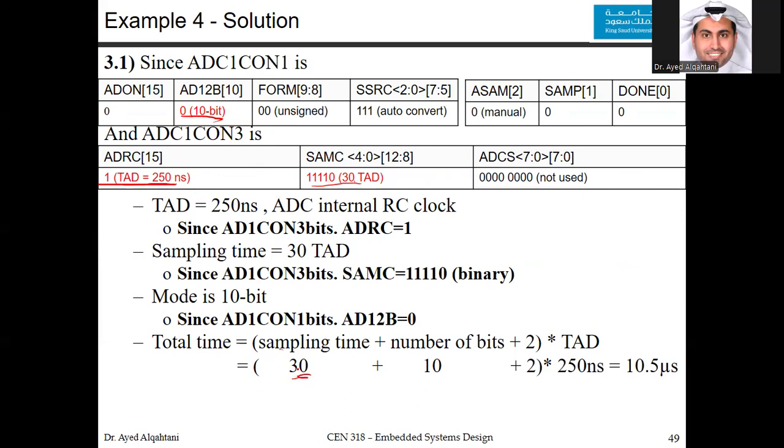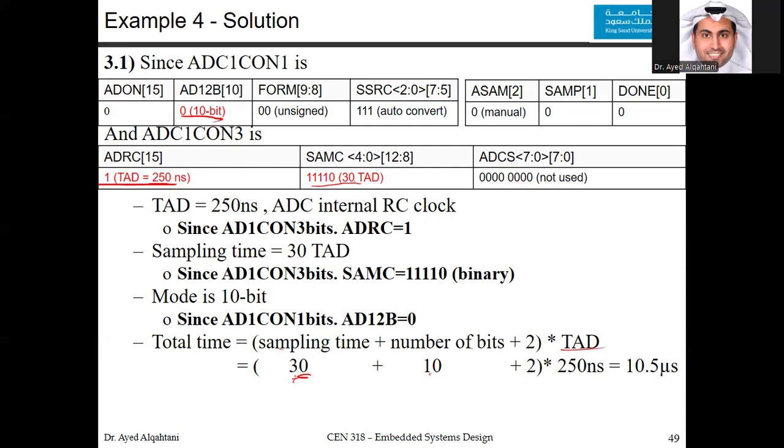You get this 30, we put it here. The number of bits, we choose 10, that's 10. And we add 2 more overhead cycles, and we multiply the total by the value of the TAD, and since we choose ADRC equal to 1, the TAD is going to be 250 nanoseconds, and you can calculate it, and you find that it is 10.5 microseconds.